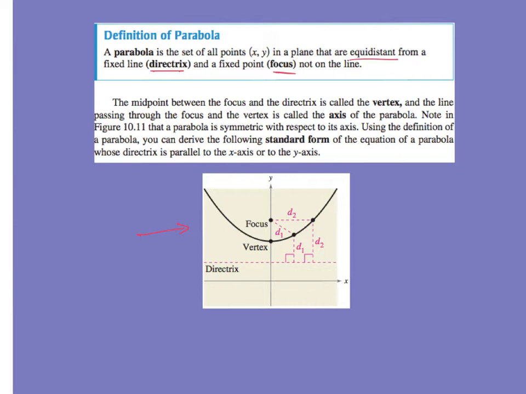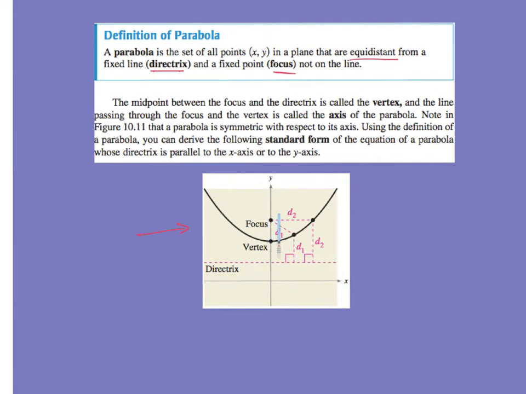So we have a parabola, but the parabola is shaped between a vertex and a focus, and the focus and the directrix. You can think of it as one string on the focus and another string on the directrix. These are going to be equidistant.